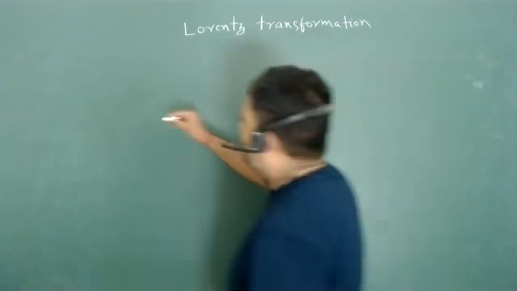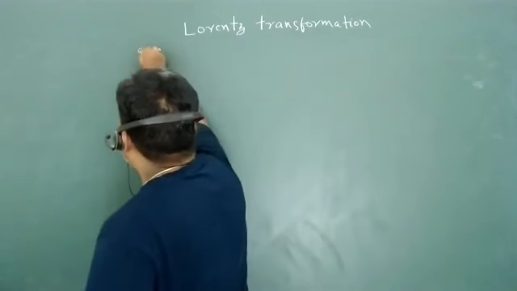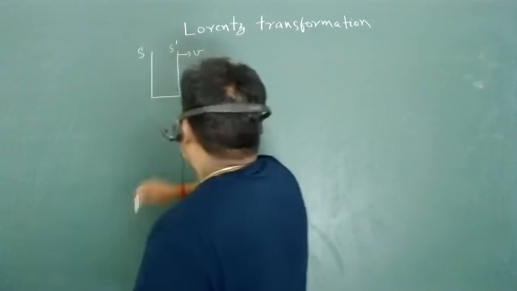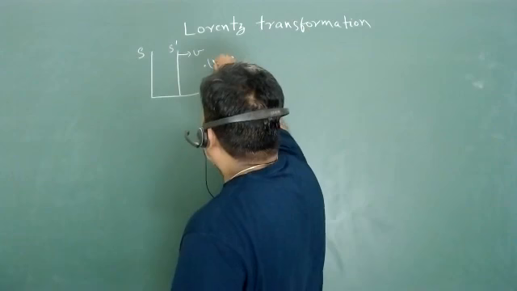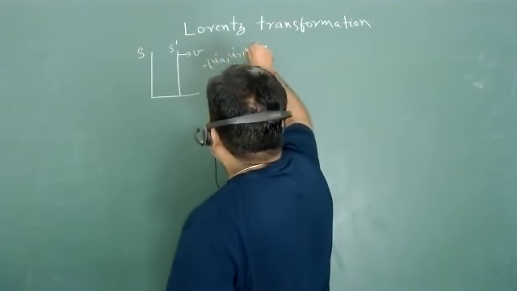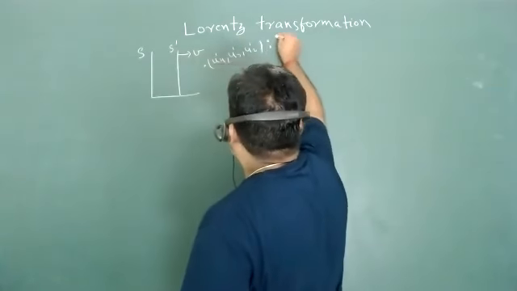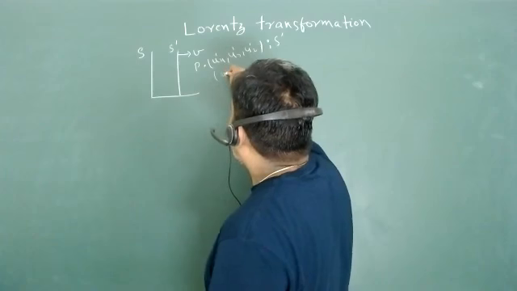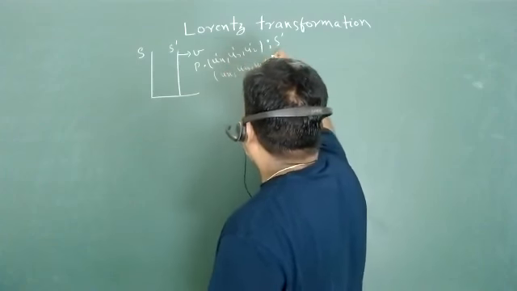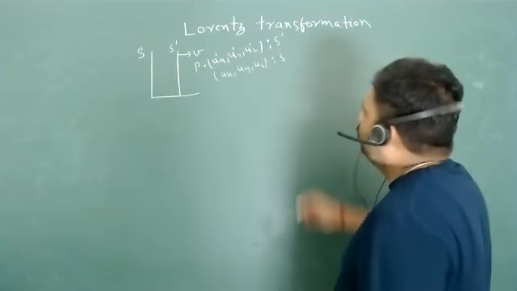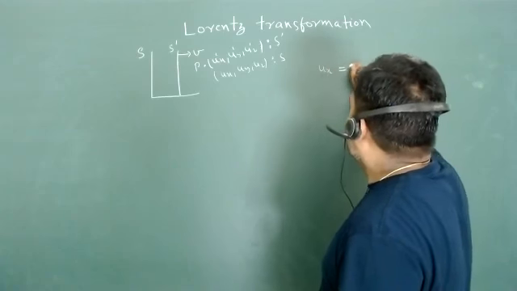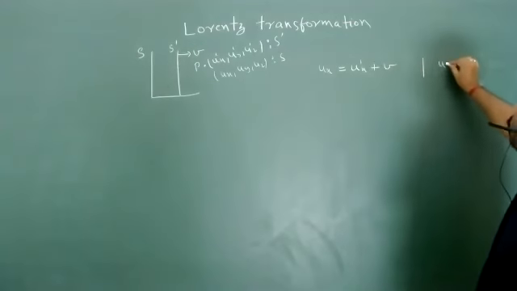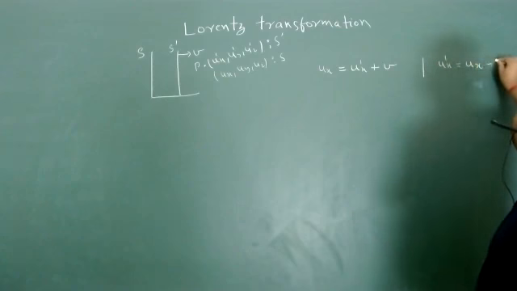If you remember, in the last class, this is my S frame and this is my S dash frame, and S dash is moving with respect to S. If this particle has speed ux dash, uy dash, uz dash with respect to the S dash frame, and at the same time the same particle P has speed ux, uy, uz with respect to S, then ux is equal to ux dash plus v, and we can also write ux dash is equal to ux minus v.